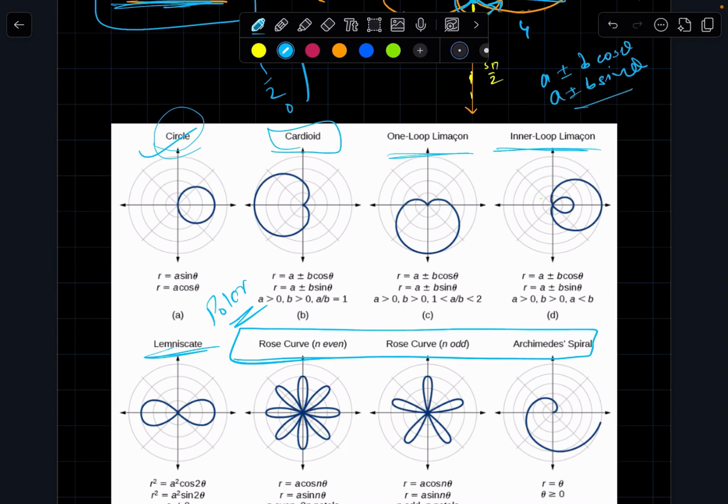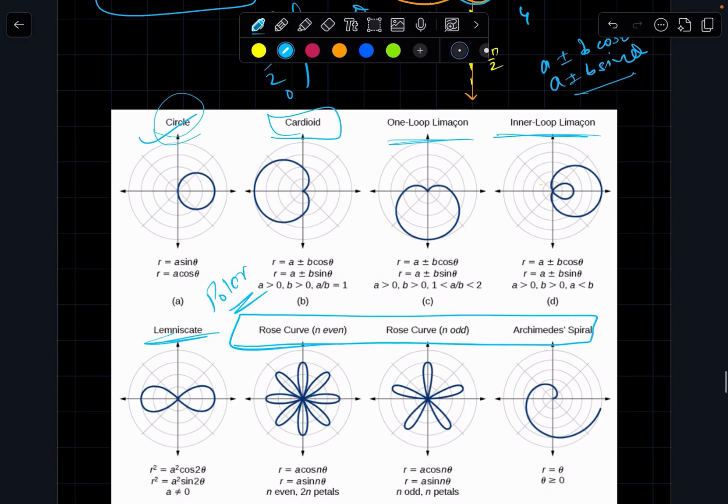This is for your cardioids and limaçons, not for your lemniscates or rose curves or Archimedes spiral or anything, right? So if your a and b are equal, then it forms a cardioid. If a upon b is in the interval 1 and 2, then it's a one loop limaçon. And if your b is greater than a, then you have an inner loop limaçon.